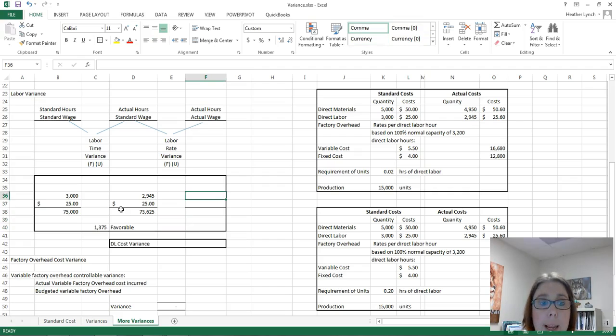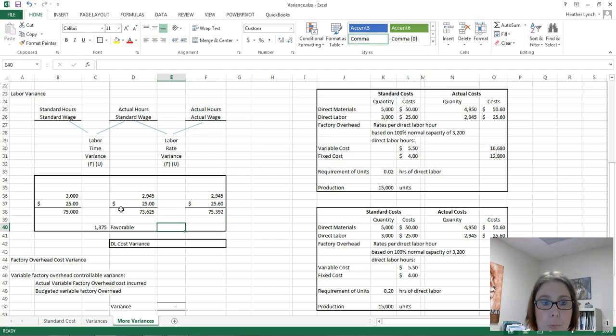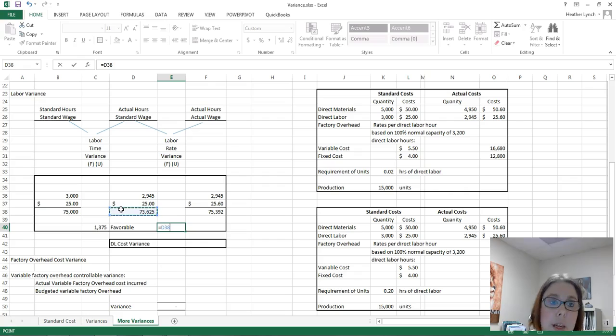For our labor rate, again, we actually had 2,945, but our actual cost for labor was $25.60. What's going to happen here? Okay, you said we're going to have unfavorable. You're probably right. So we take our actual hours times our standard wage.